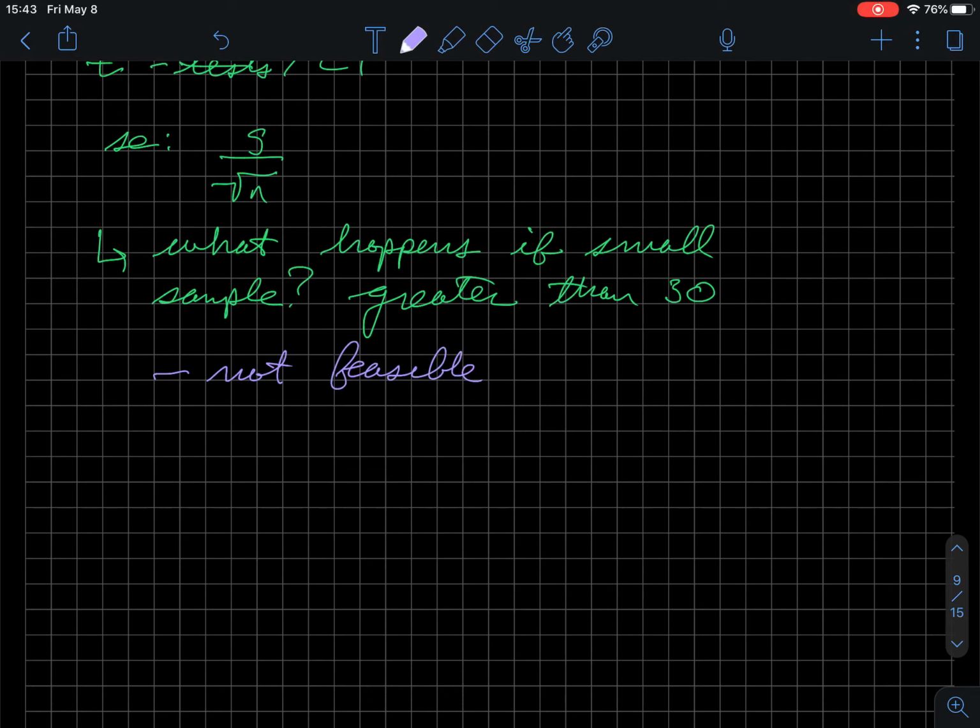This could be like a survey. So, depending on what it is, it may be a difficult population to access. It could be super expensive to do the study, period. So let's say, for example, if you were doing brain scans of people, brain scans aren't cheap.